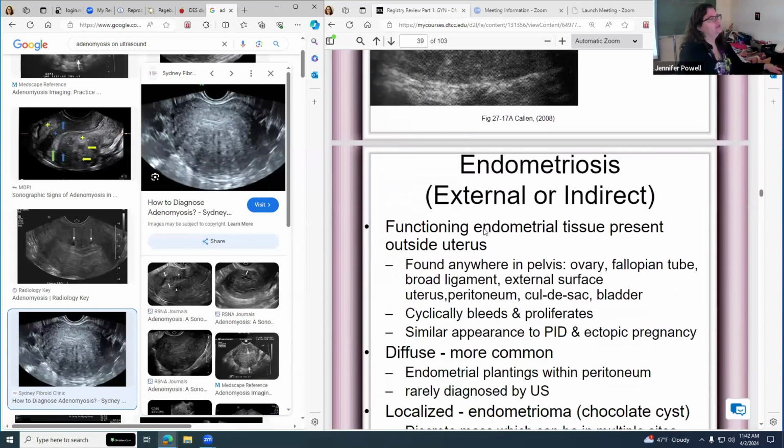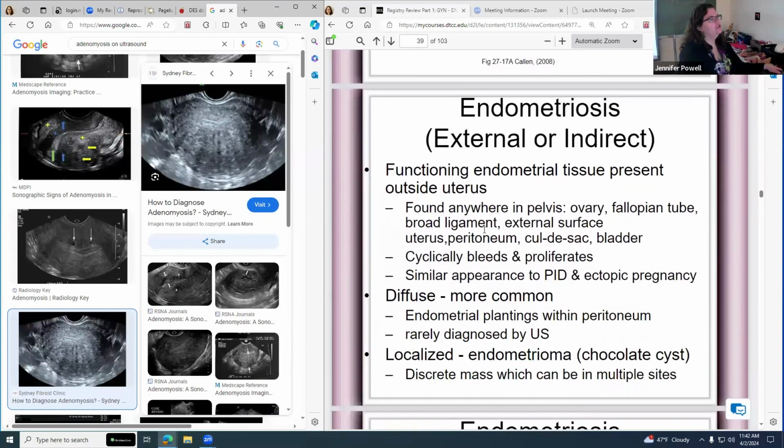Okay, endometriosis, external or indirect: functioning endometrial tissue present outside the uterus. So while adenomyosis does not fluctuate with hormonal changes, endometriosis that's outside of the myometrium does.